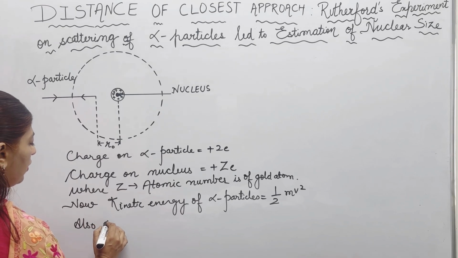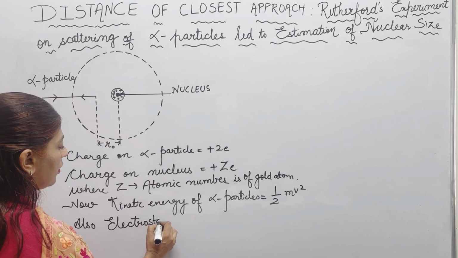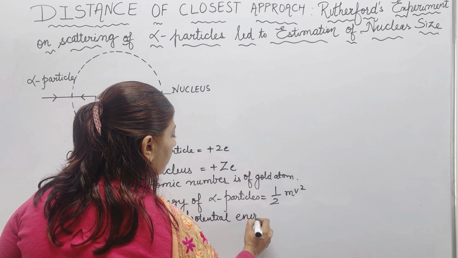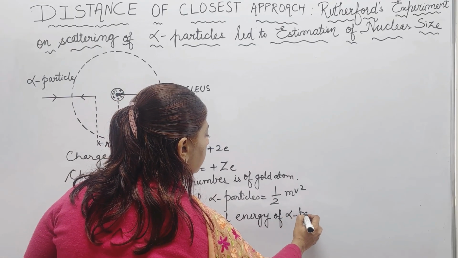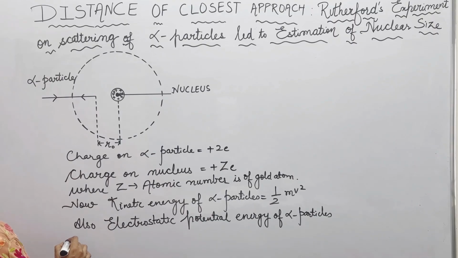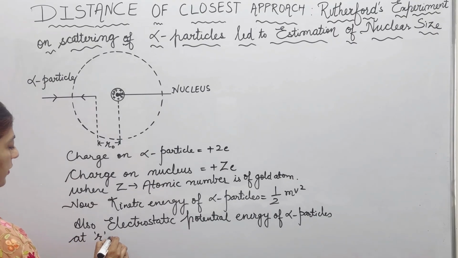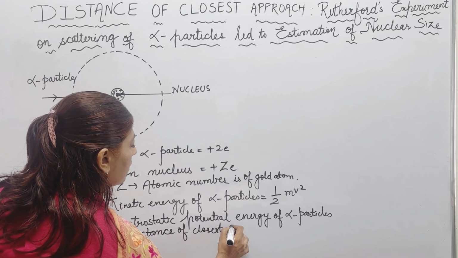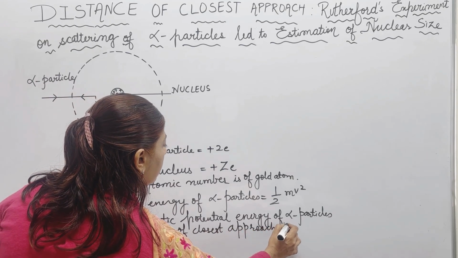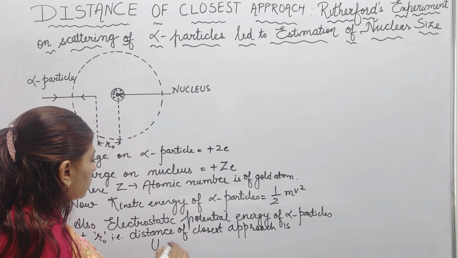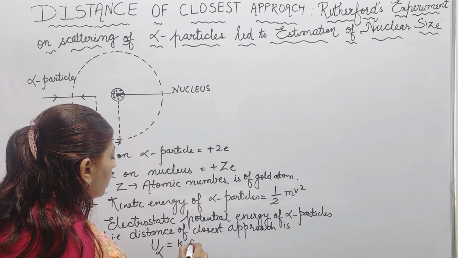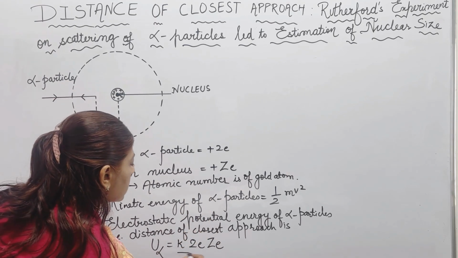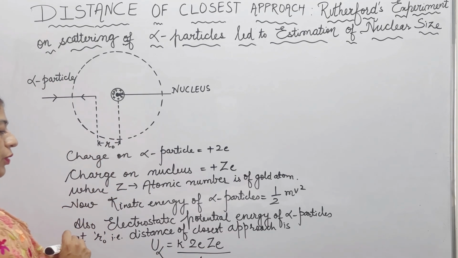Also, the electrostatic potential energy of the alpha particle at r naught, that is the distance of closest approach, is K times the product of the two charges, 2e and Ze, and the reciprocal of the distance between the two of them.